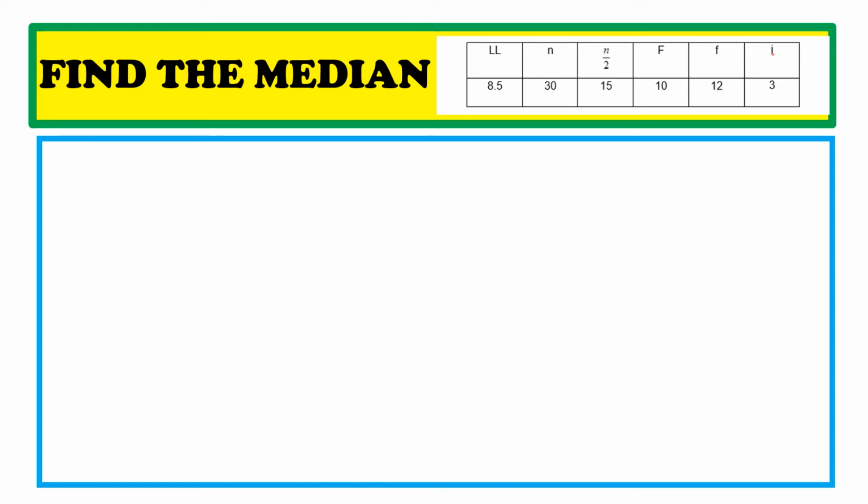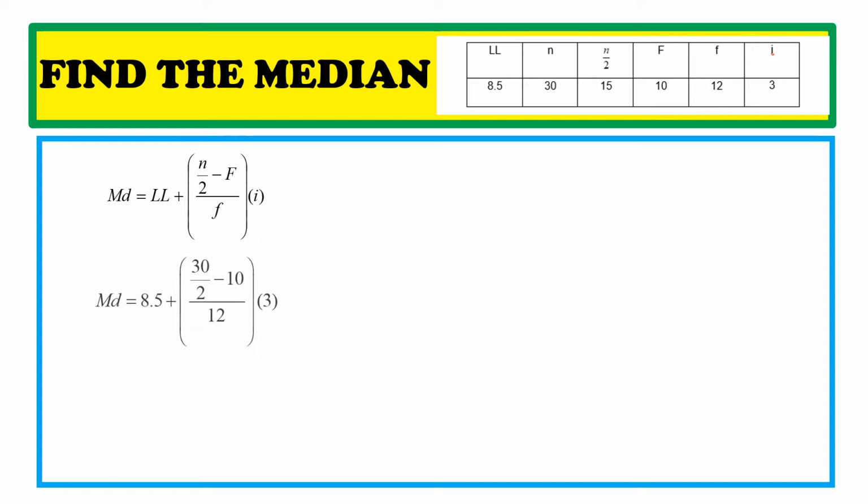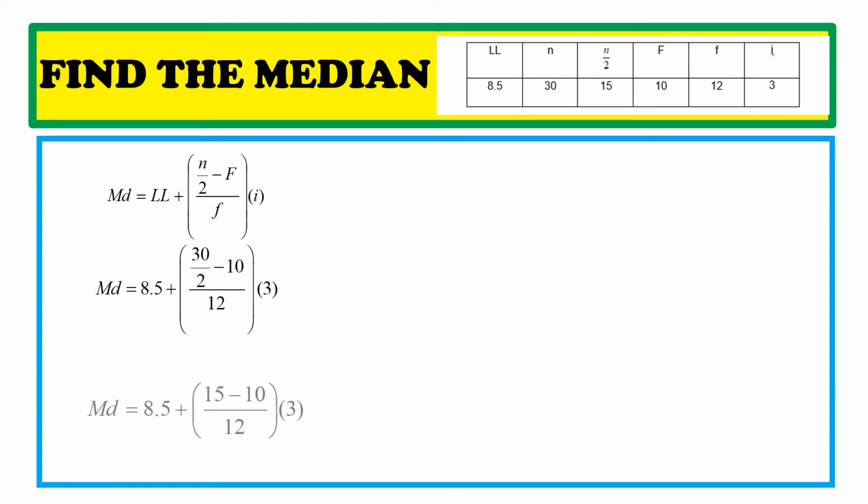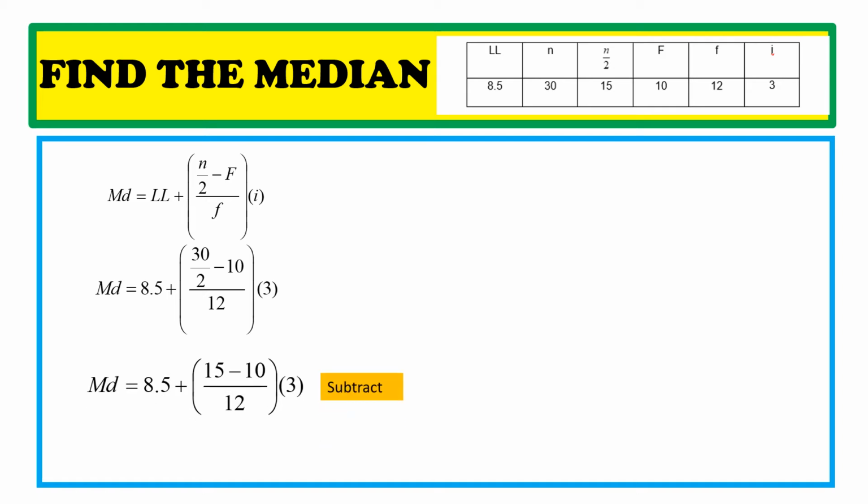We are ready to find the median. We have the formula. We substitute the given values in the formula. Then we subtract 15 minus 10. 15 minus 10 is 5. Then we multiply 5 by 3. 5 times 3 is 15.